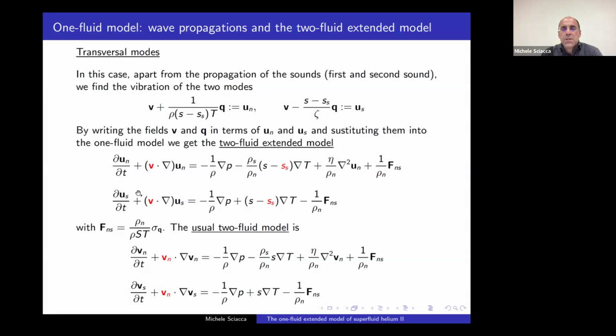I want to stress that when you recover these equations, you need to neglect some terms. If you neglect these terms, which are essentially nonlinear terms, you arrive at this expression.